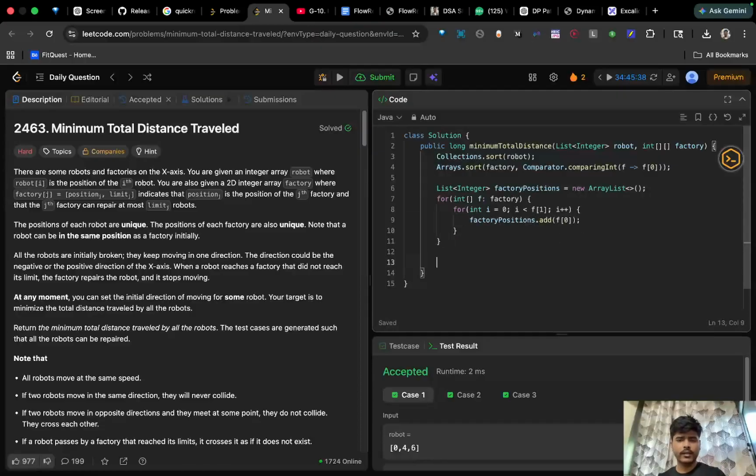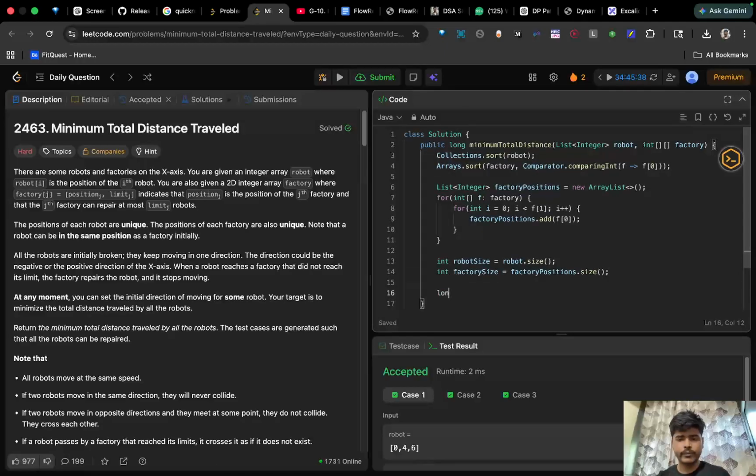Now the next thing we have to do is build our dp table. For that I'll be taking the robot size, int robotSize equal robot.size. I will be taking factory size, which is going to be the size of these factoryPositions, factoryPositions.size.